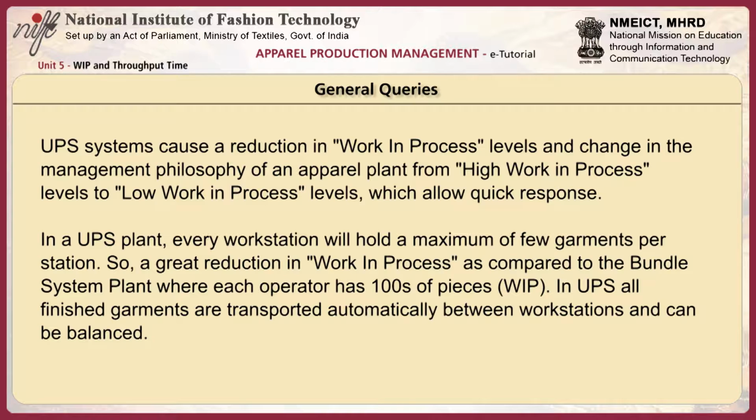In a unit production system, every workstation will hold a maximum of few garments per station. So, a great reduction in work in process as compared to the bundle system plant, where each operator has hundreds of pieces as WIP. In UPS, all finished garments are transported automatically between workstations and can be balanced.